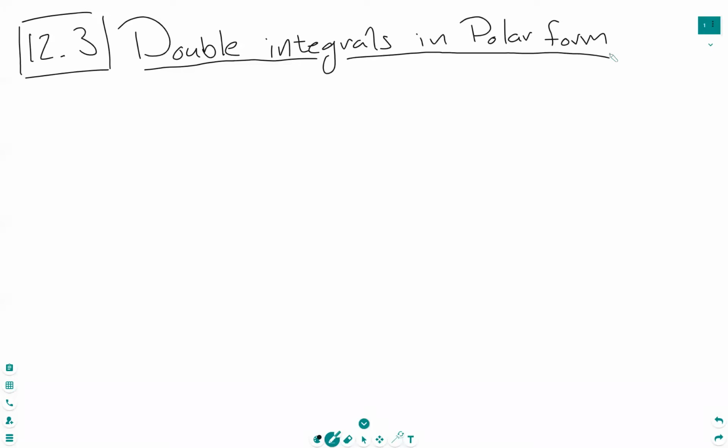So you might have touched on polar coordinates in Calc 2, and the idea now here is how can we kind of systematically find maybe the area of a region here that's in polar coordinates.